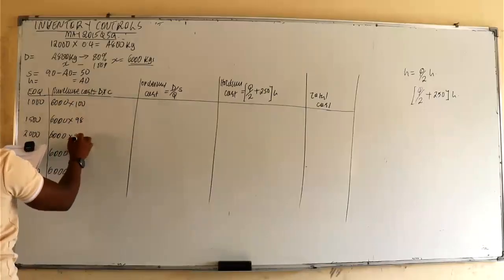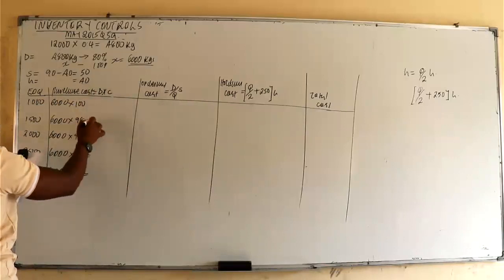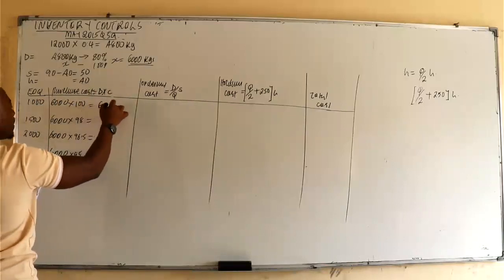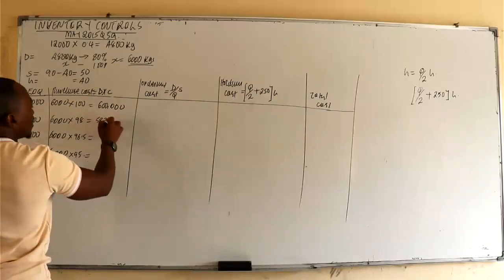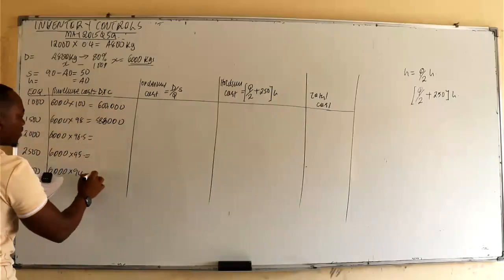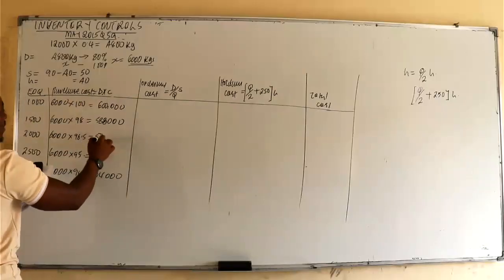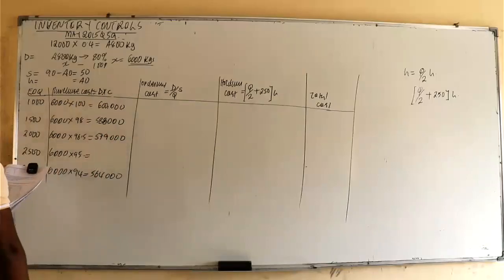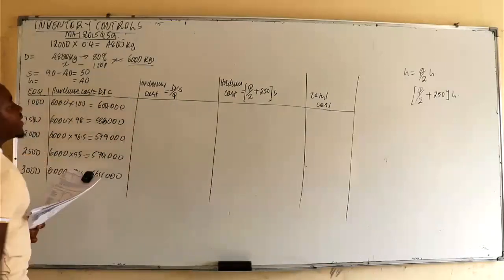This one will be 96.5, 95, and this one will be 94. The purchase costs are 600,000, 588,000, 579,000, 570,000, and 564,000.